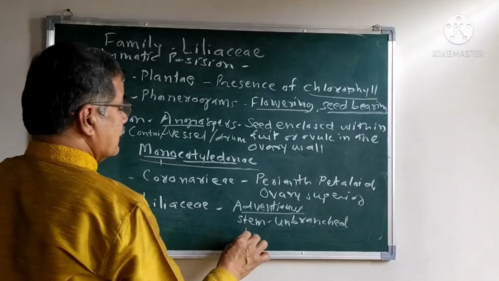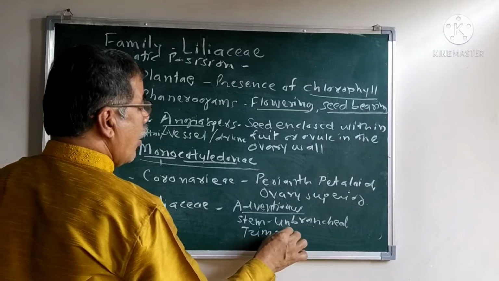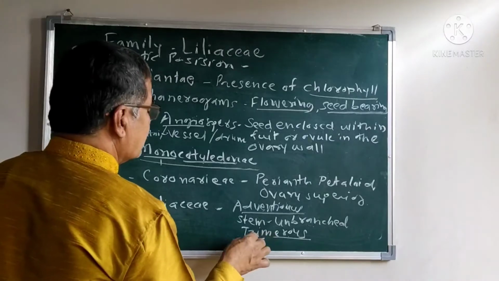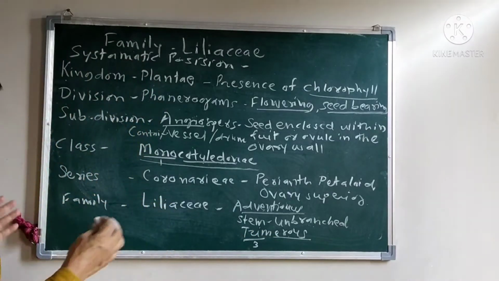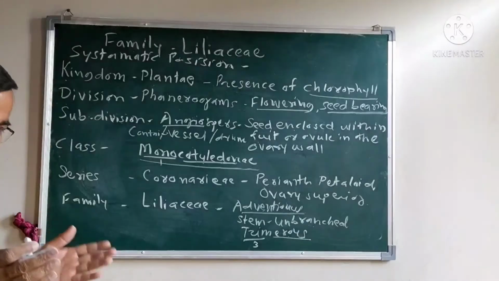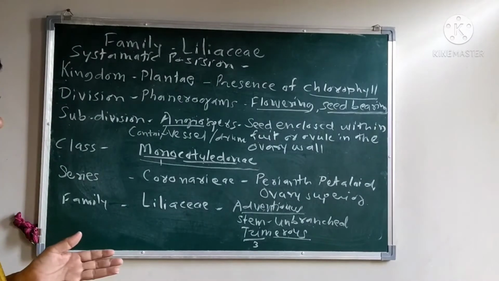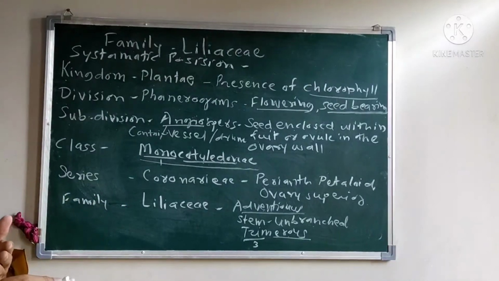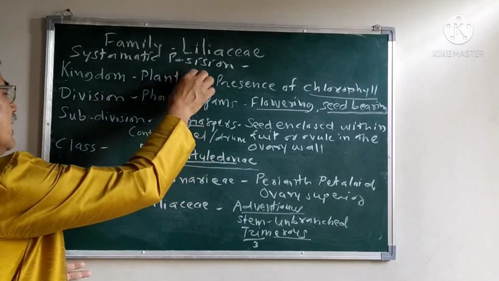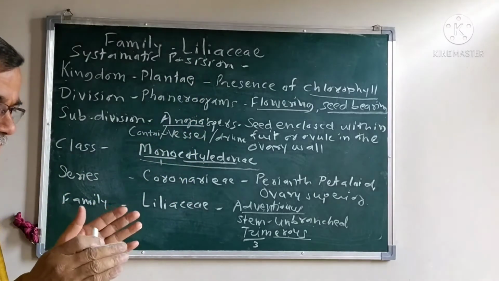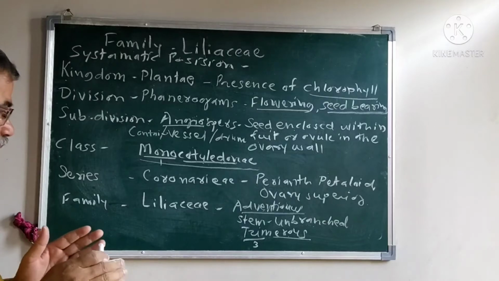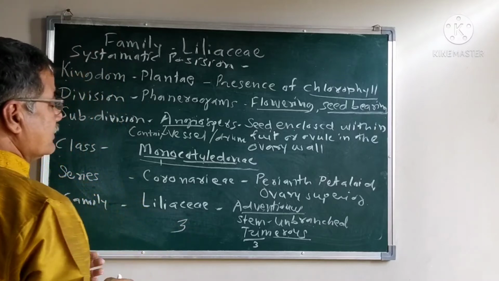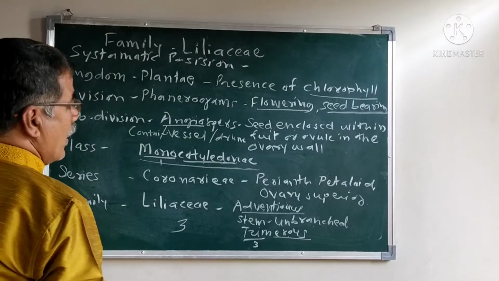The flowers are in multiples of three, which means calyx 3, corolla 3, androecium 3, or calyx 6, corolla 6, androecium 6. But here, in these plants, there is no separation of calyx and corolla. They are known as tepals. Therefore, they are known as the perianth, and they are trimerous.